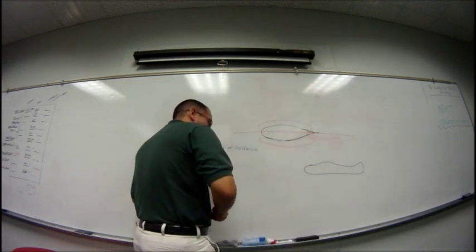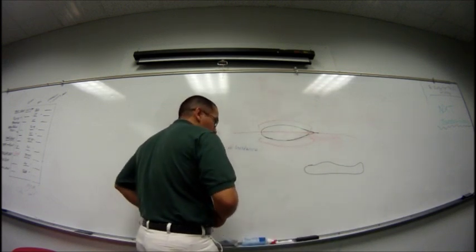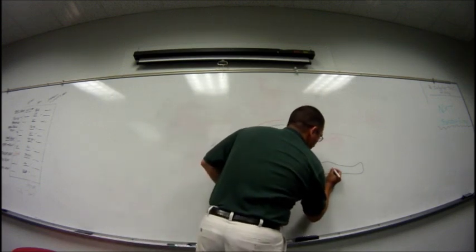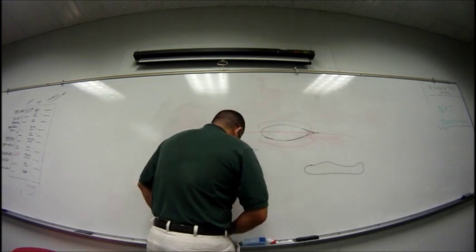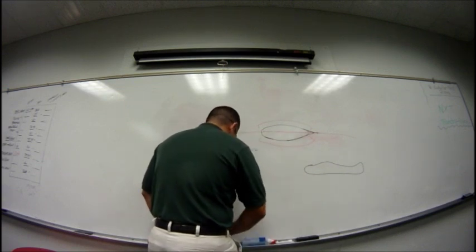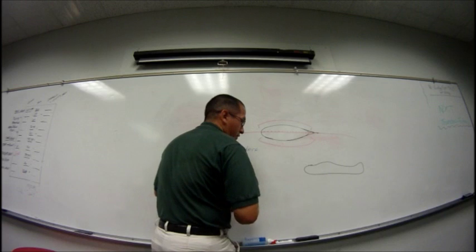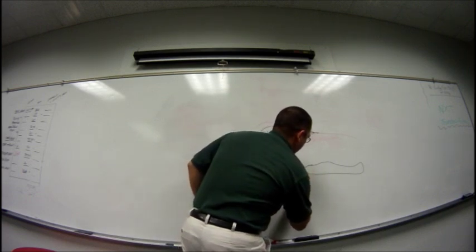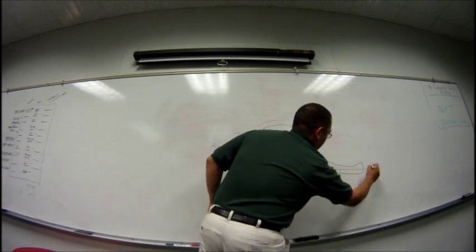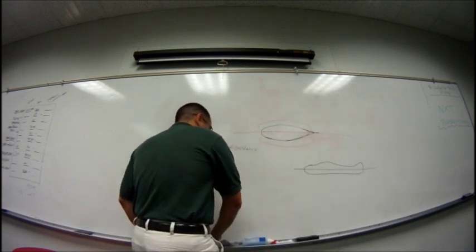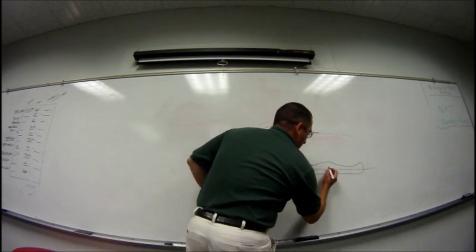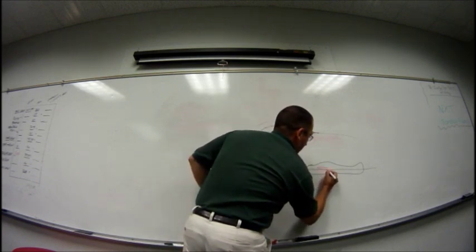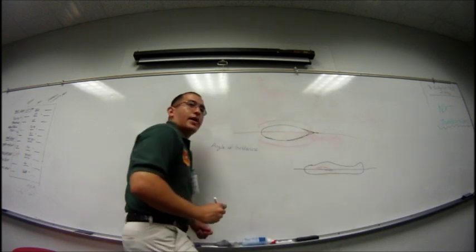Now your angle of incidence is basically the angle that they put in the aircraft between, like, if you were to draw a line from the very top tip of the aircraft to the very back, and then when they put the wing on it, okay, you see how that works?